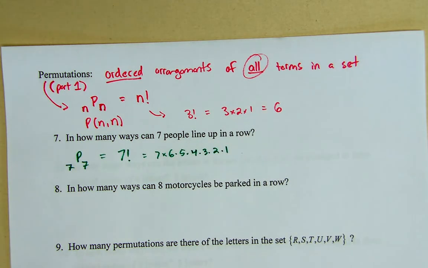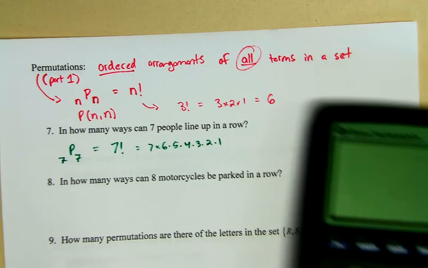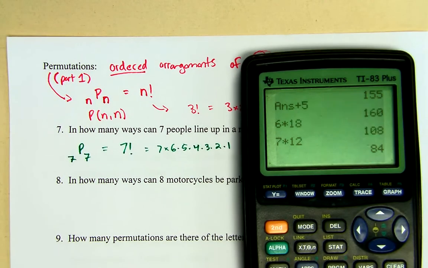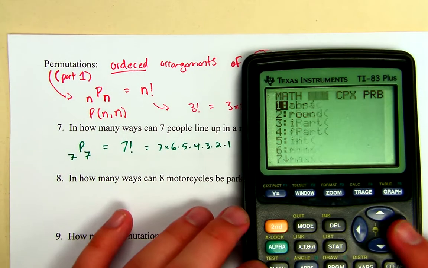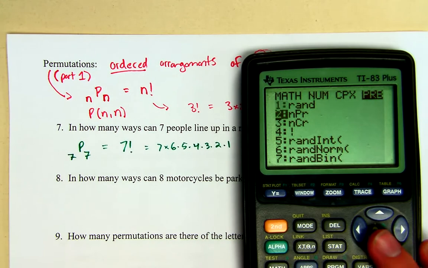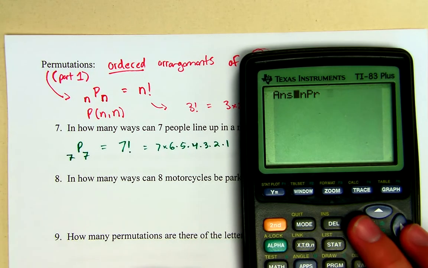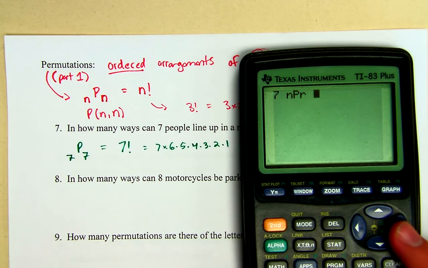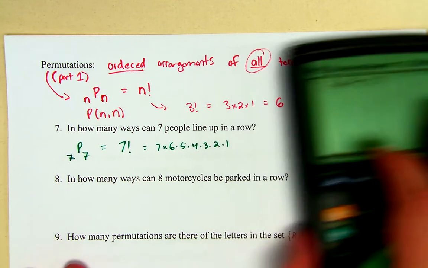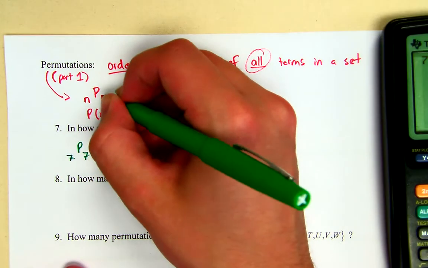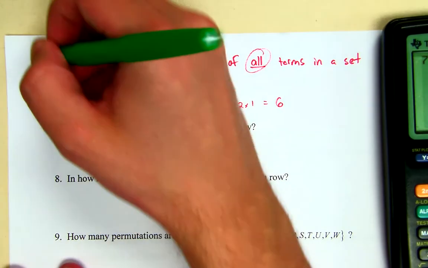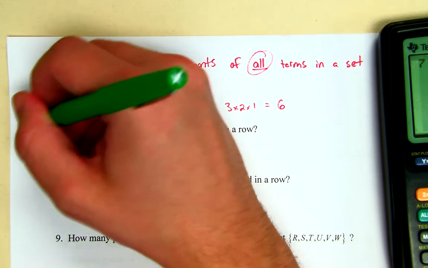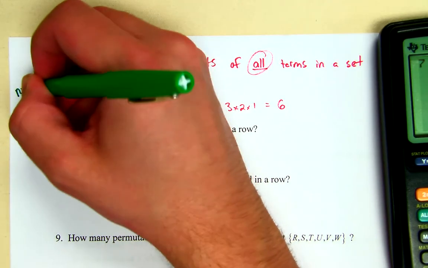Now, in your calculator, you can figure this out. If you go in your calculator to math, arrow over to probability, PRB, nPr is there. Now in the older calculator, you need to type in what you want first. So I want 7, I want n is 7. This is technically r, but for these examples, so for this whole page, n equals r.